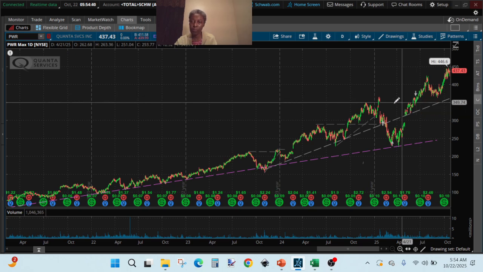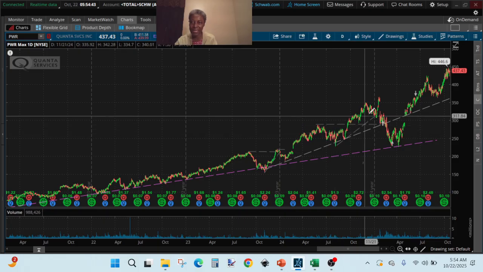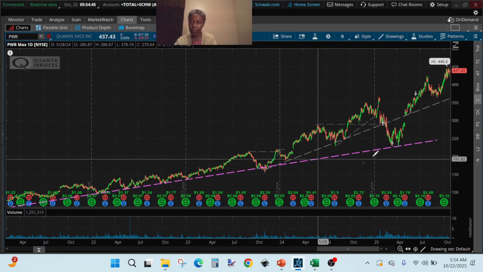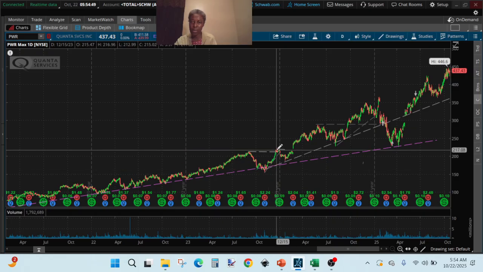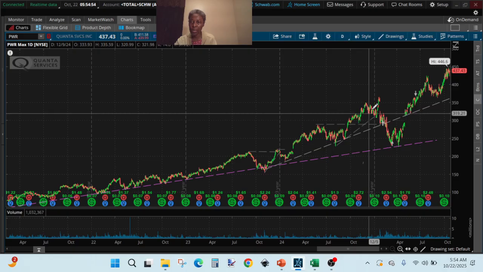The second one would be to compare the previous high. When it left that support line, the previous high started from somewhere here all the way to here.